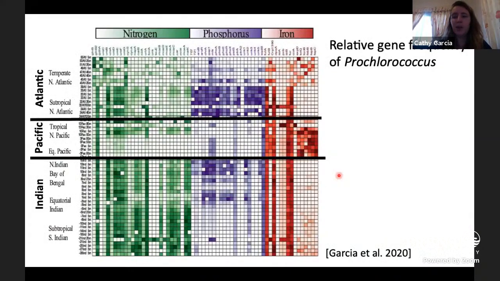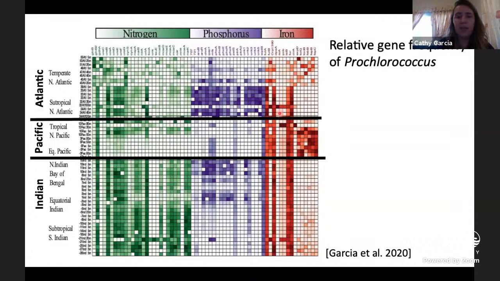So this is just showing kind of like a heat map for these three elements in the Atlantic, Pacific, and Indian Ocean. What you're seeing here as a deepening of the color means an increased relative frequency, and we're interpreting that as increased adaptation and investment in acquiring those different nutrient sources.